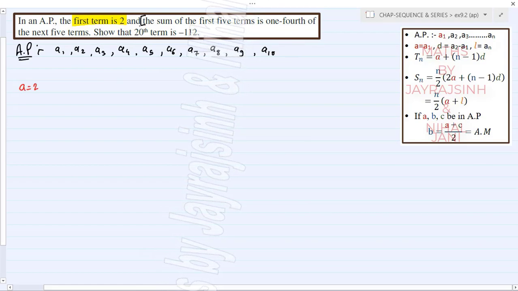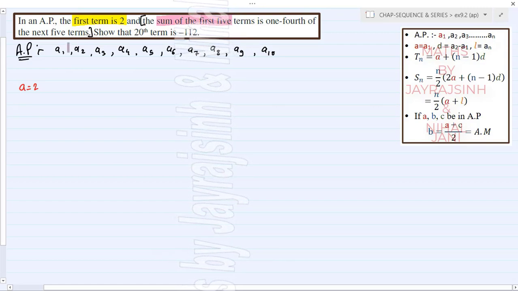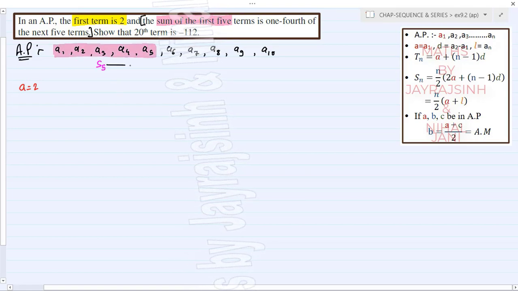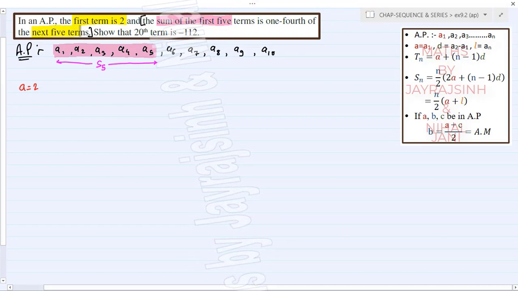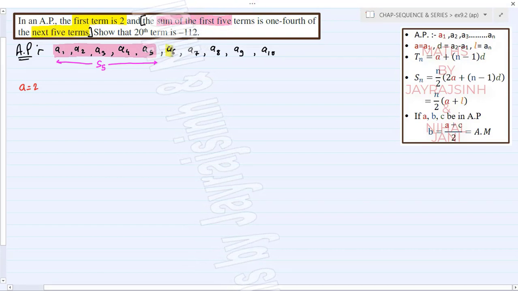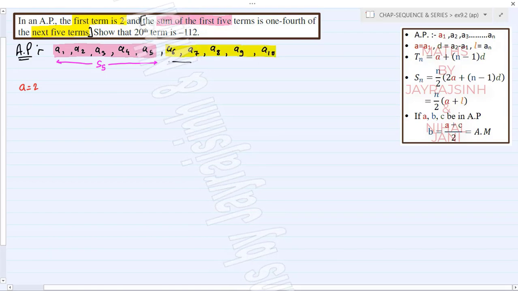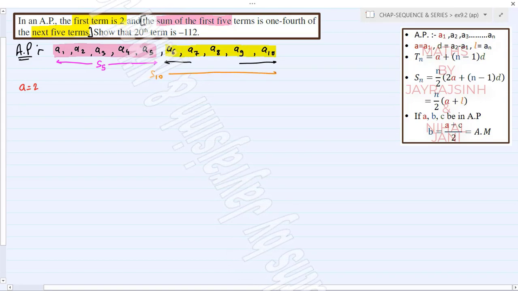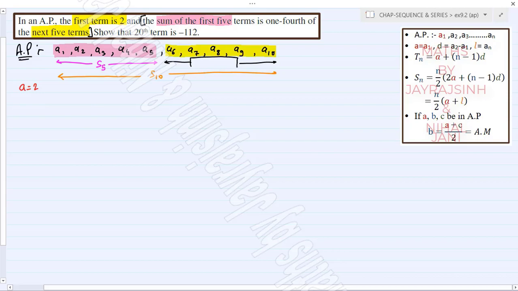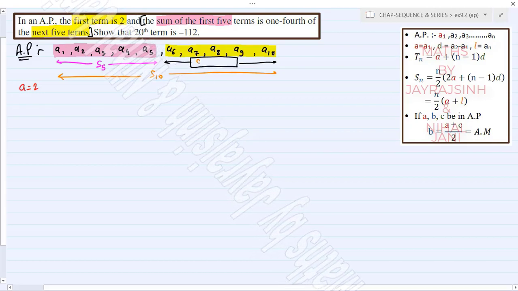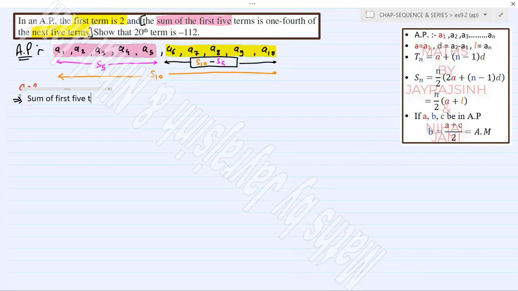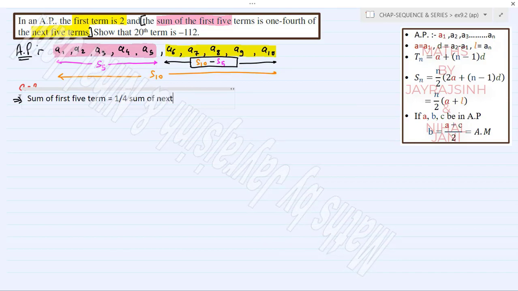Now to use your second condition, we have to find the sum of the first 5 terms, and we know that the sum of the first 5 terms is given by S5, and the sum of the next 5 terms, that means from a6 to a10. So to obtain this summation, we have to consider the sum of 10 terms. So we can say the sum of the 6th to 10th terms is actually S10 minus S5, and it is given that the sum of the first 5 terms is 1/4 of the next 5 terms.